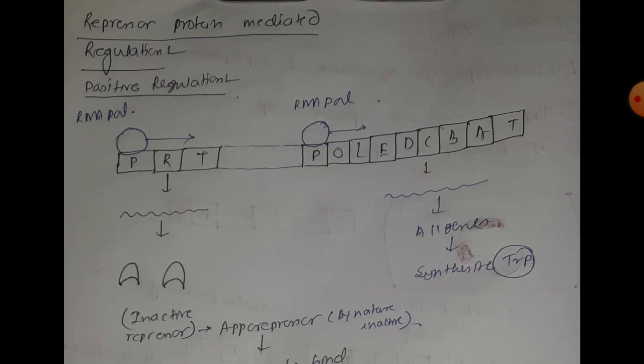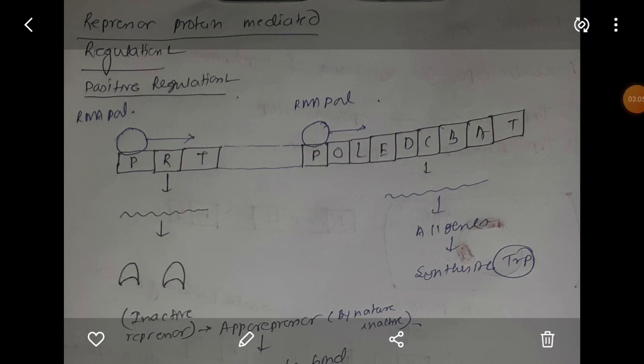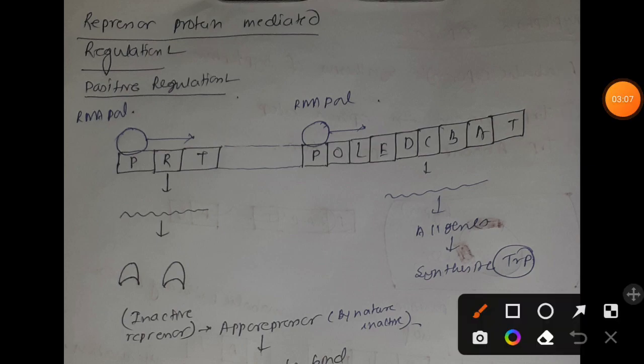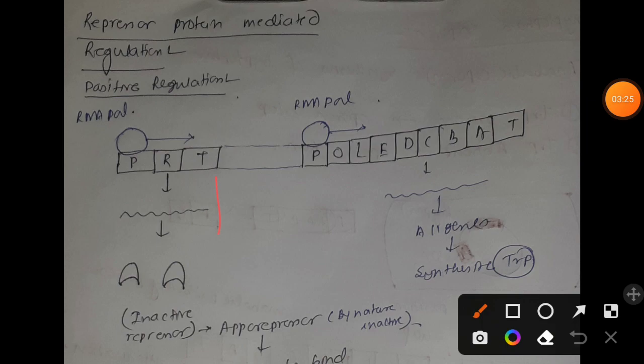But when some amount of lactose is present in the cell, this lactose will be converted into allolactose with the help of trans-acetylase synthesized by the lac-A gene. The trans-acetylase converts lactose into allolactose, that is, the beta-1,4 glycosidic linkage is converted into a beta-1,6 glycosidic linkage.